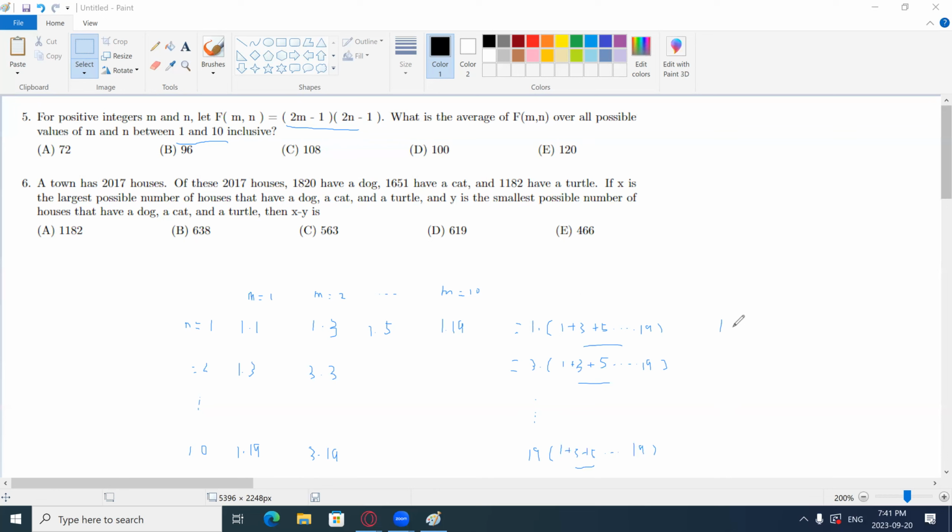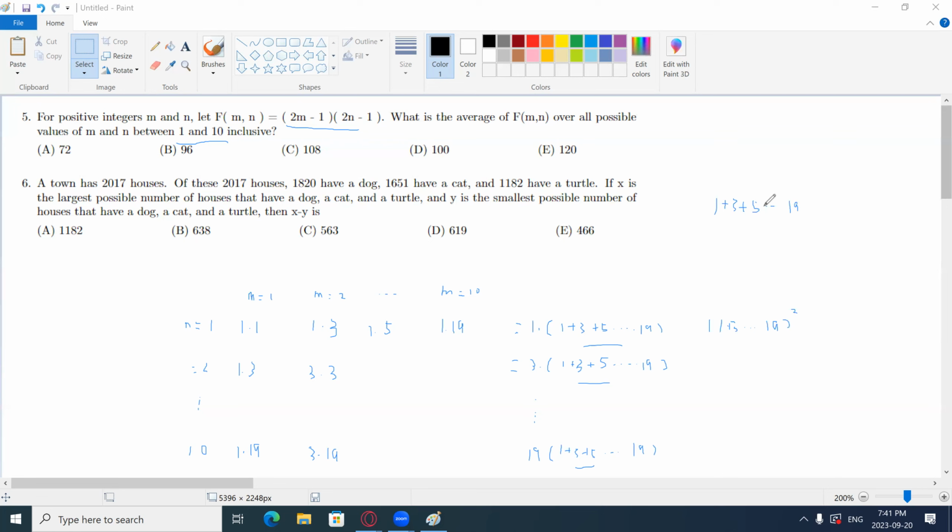So this would be (1 plus 3 until 19) times (1 plus 3 until 19), so this thing squared.